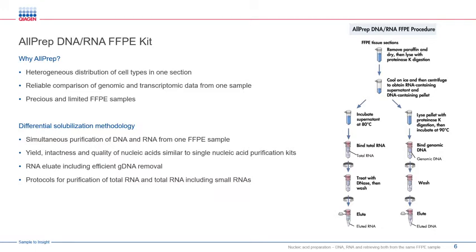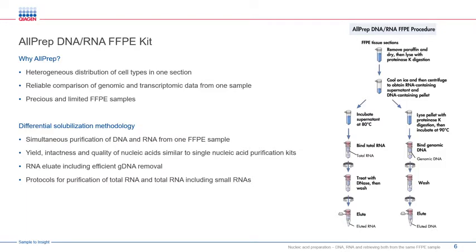After deparaffinization, a short proteinase K treatment is performed to solubilize the RNA, and then that first lysate is removed and the remaining tissue is treated with additional proteinase K for a longer time. So you have a second lysate, and you can isolate the RNA from the first lysate and the DNA from the second lysate.